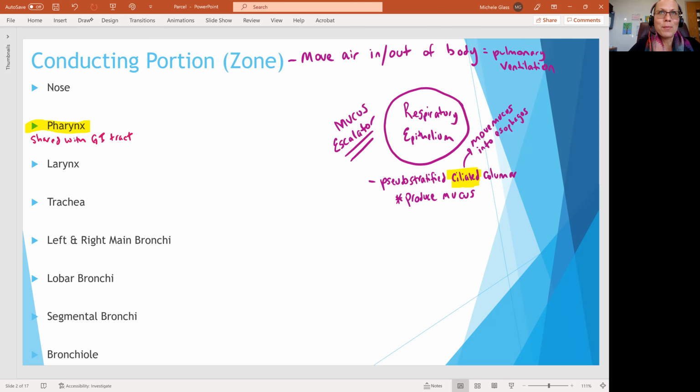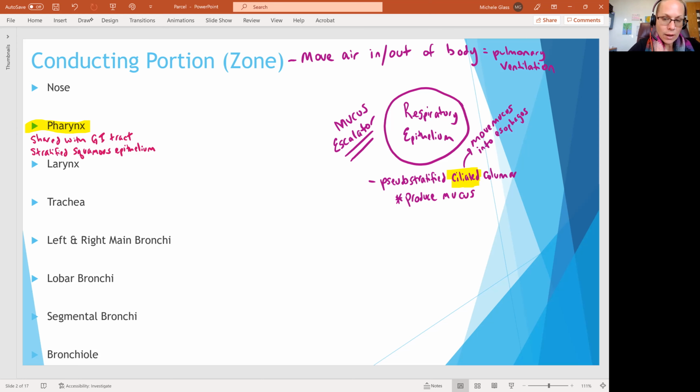And so because we are taking air in this area, but also taking food in this area, we're going to see that this will have stratified squamous epithelium because we are experiencing way more abrasion here than we would in the strictly respiratory areas.